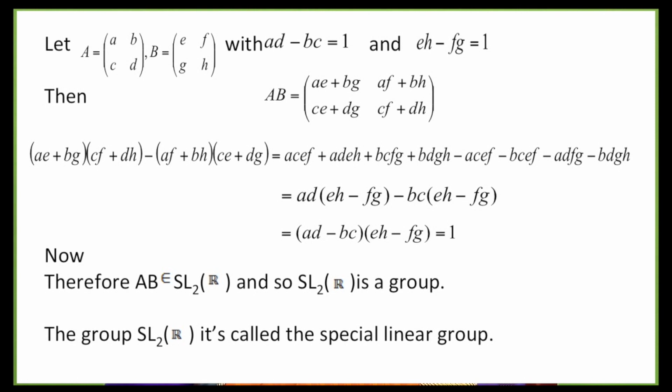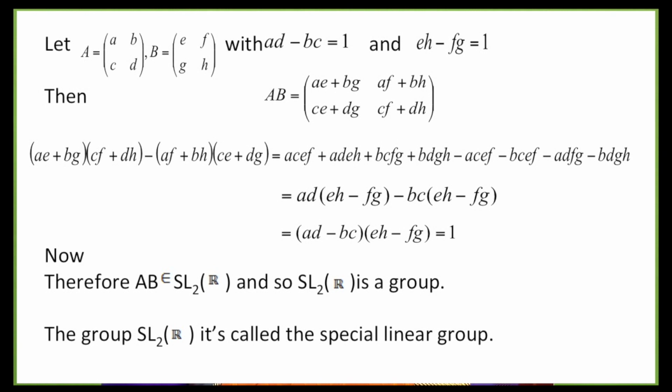Now (ae plus bg)(cf plus dh) minus (af plus bh)(ce plus dg) equals acef plus adeh plus bcfg plus bdgh minus acef minus bceh minus adfg minus bdgh, which equals ad(eh minus fg) minus bc(eh minus fg), which equals (ad minus bc)(eh minus fg), which is overall equal to 1.